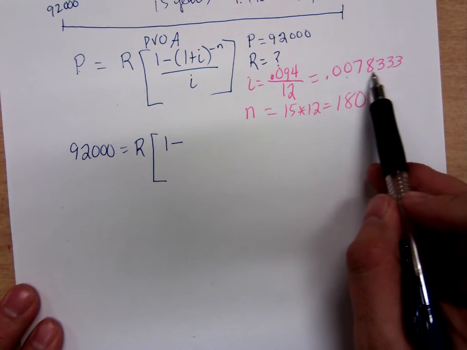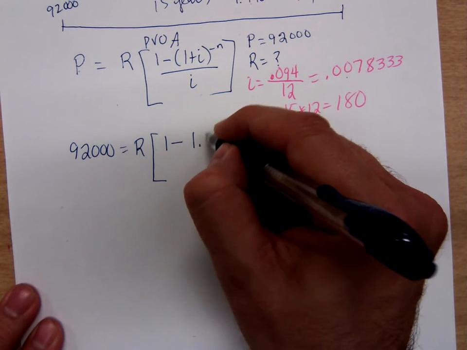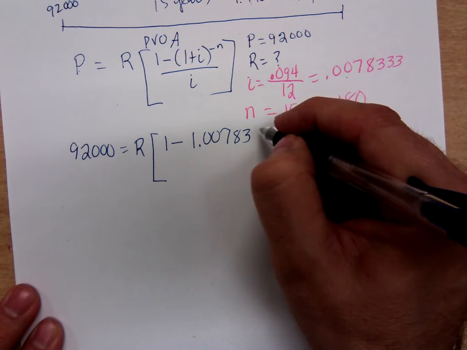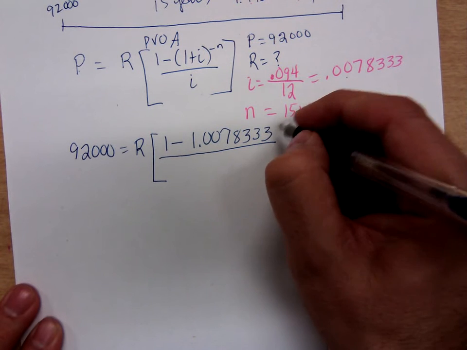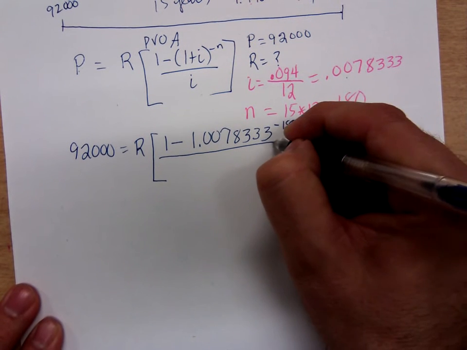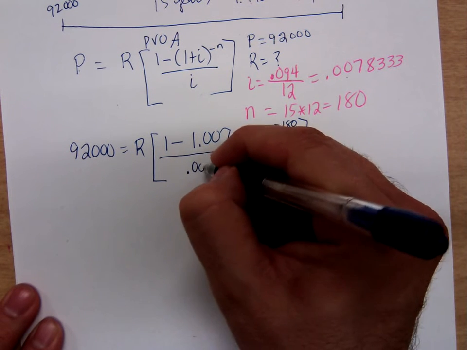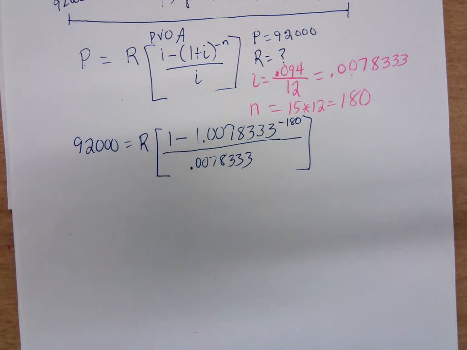The 1 plus all of that would be 1.0078333, to the negative 180, all over I, 0.0078333. So I'm going to punch in the bracket number and then do what? Multiply or divide to get R? Divide.